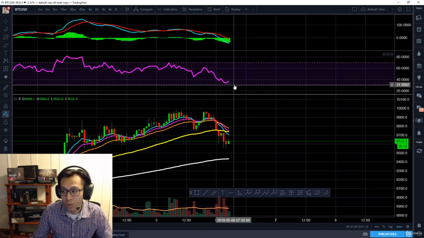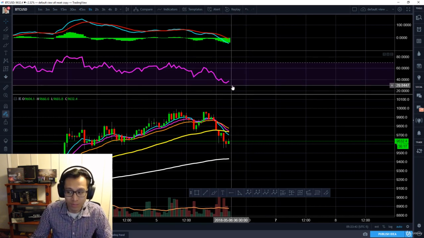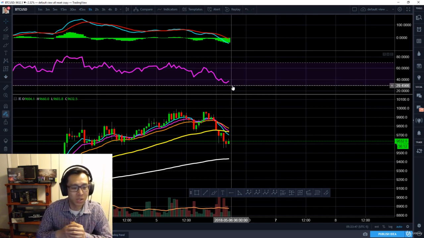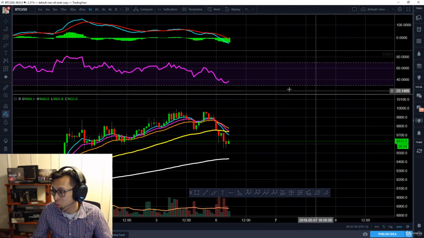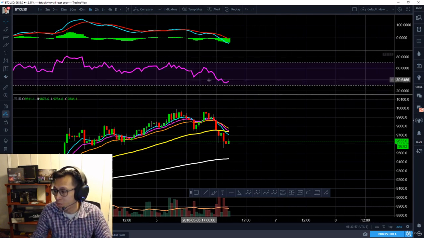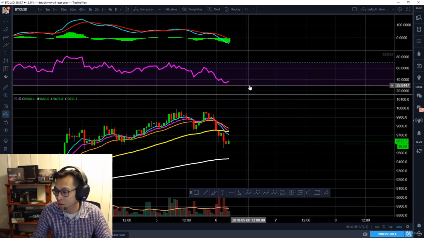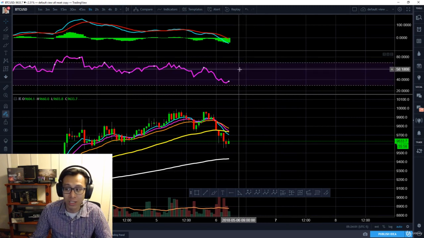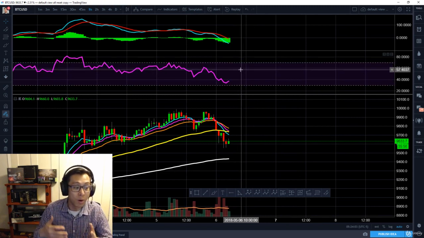So if it goes well below 30, or generally under 30, that would be considered oversold, okay? Remember that under 30 is oversold. And there are these lines right here that will give you a really good idea of where they are. And over 70 usually means that it's overbought.